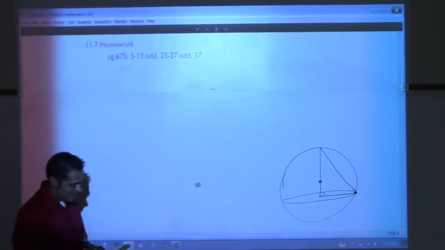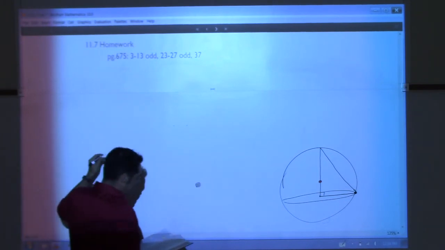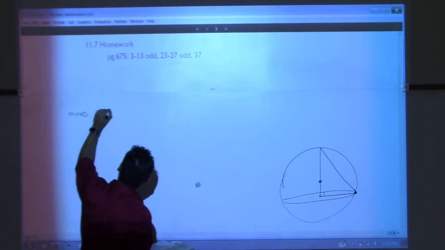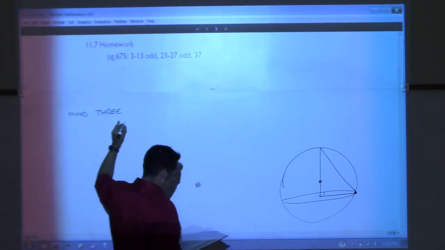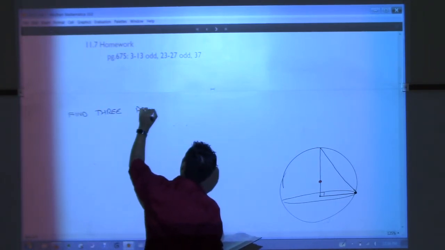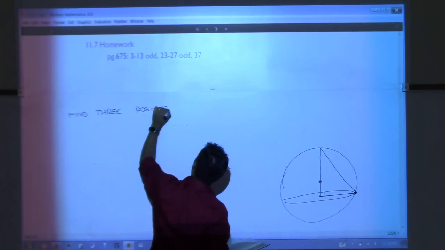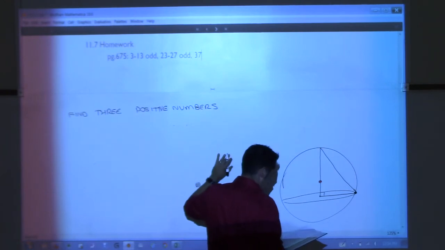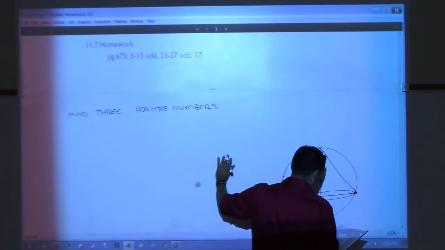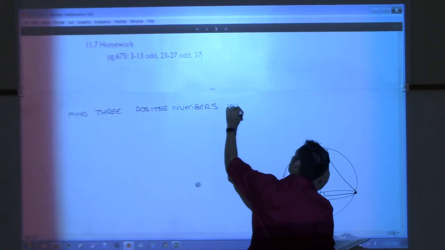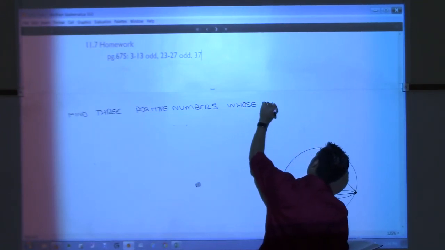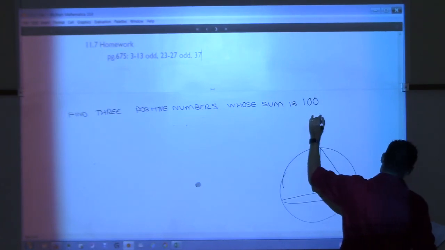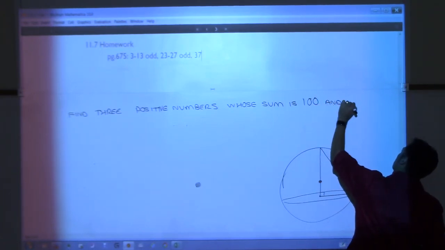All right, let's do this one. Find 3 positive numbers whose sum is 100 and whose product is maximal. This might shed light on what we need to do on that last problem.